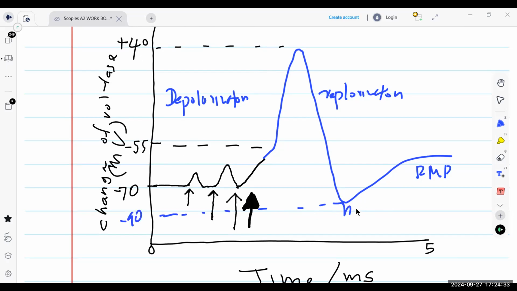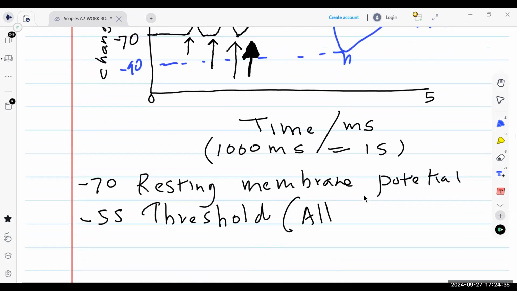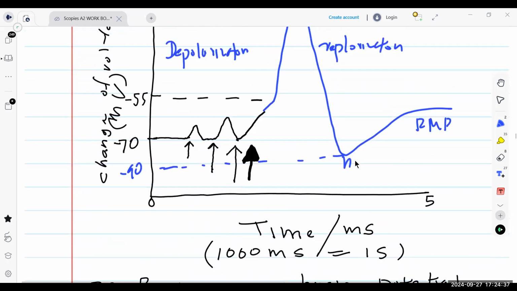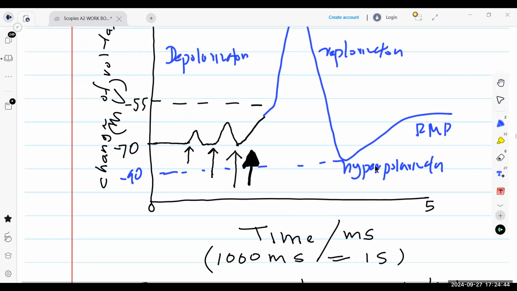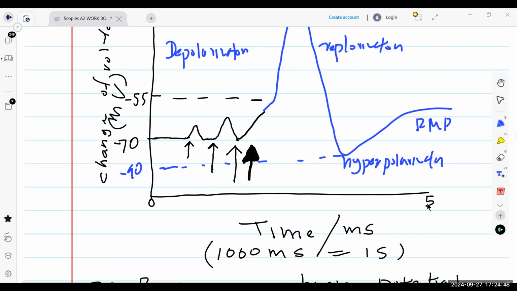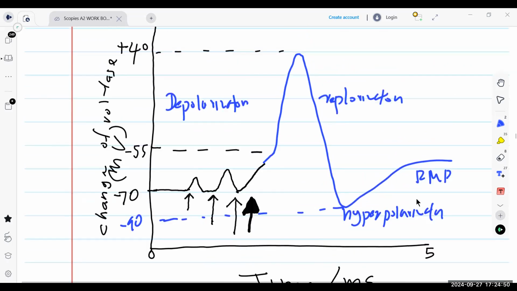This is called hyperpolarization. This is due to prolonged opening of the potassium channel. So the time is 5 milliseconds to make one action potential. And this period, which is taken to get back to the resting membrane potential, is called the refractory period.